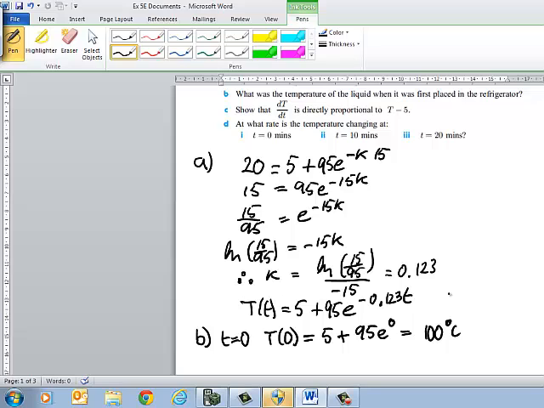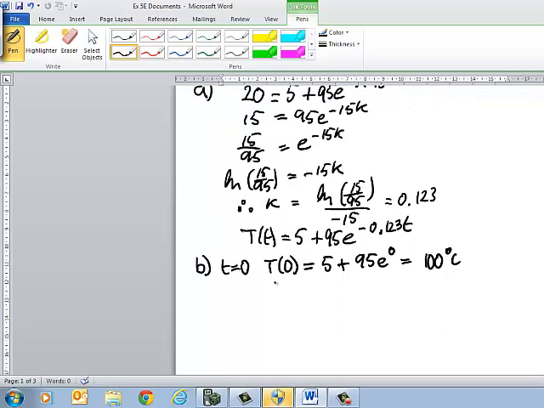The next bit is to show that the rate of change is directly proportional to T take 5. Now if we do this, the derivative of that is T dashed, so the 5 goes out, then we're left with 95 e to the minus 0.123t, and we differentiate the power, which is minus 0.123.